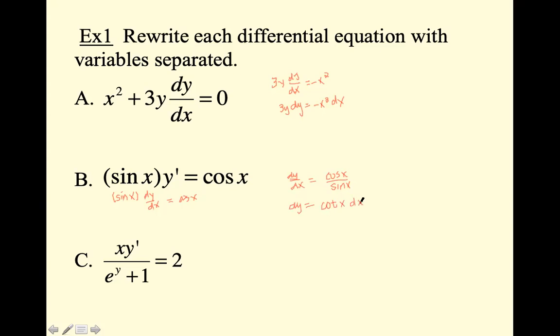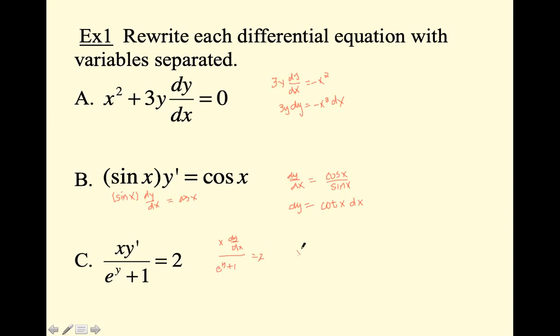All right. On C, our dy/dx is here in the numerator, so I'm going to rewrite that as x dy/dx up there over e to the y plus 1 equals 2. All right, my second step is to multiply both sides by e to the y plus 1.